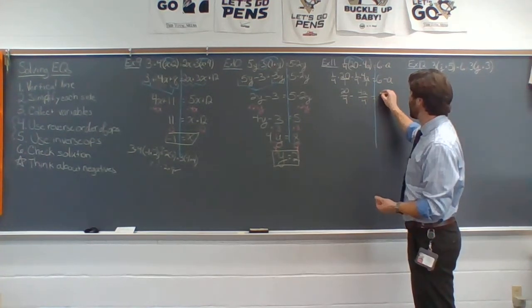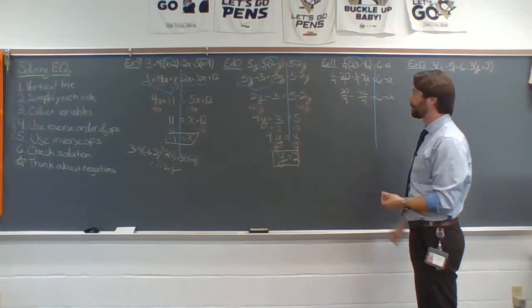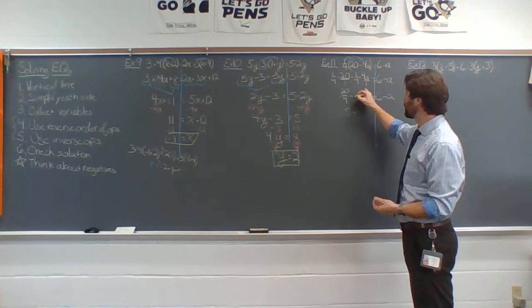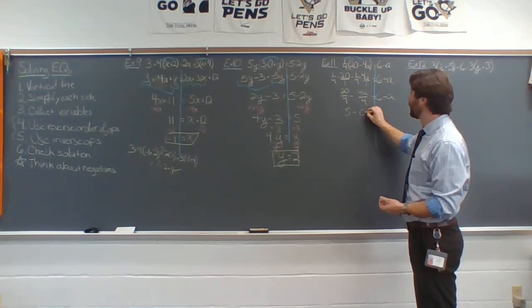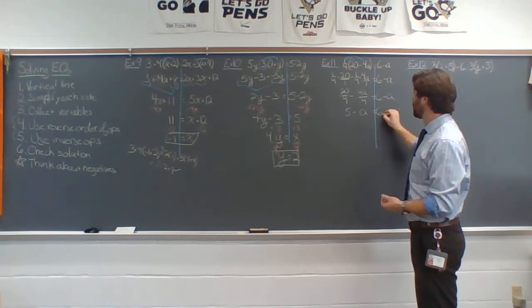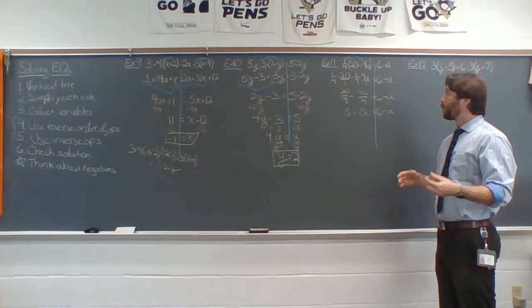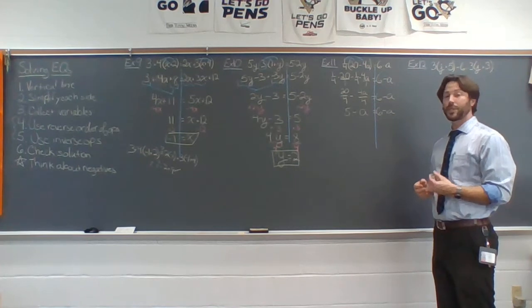And still just bring down that 6 minus a. 20 over 4 is 5, minus 4a over 4 is just a. Still equal to 6 minus a. Well, now we've got each side about as simplified as we possibly can.